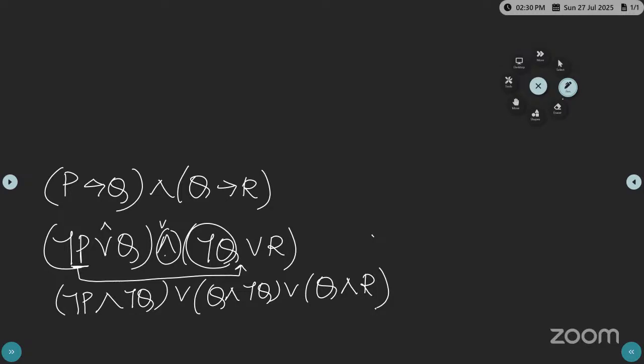What did we do here? I have distributed P with negation Q, right? Again I have to distribute P with R. Just what do I do? I have taken this one, I have distributed this with this separately and this one with this separately. Why? Because I want elementary product and their sums. Clear? Again I am repeating.